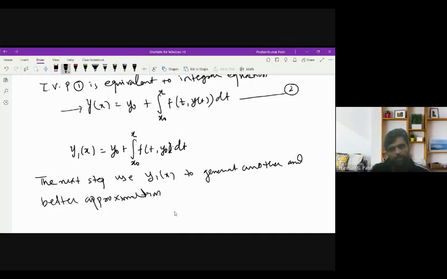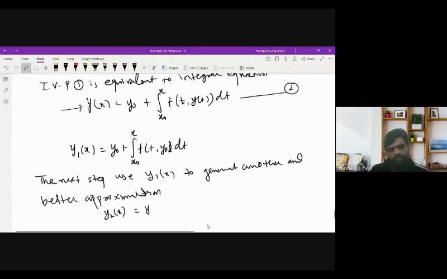In the same manner, instead of y0 we now replace y1. So y2 of x that we will get is y0 plus the integral from x0 to x of f of t, y1 of t dt.